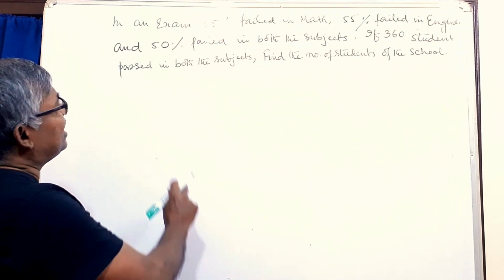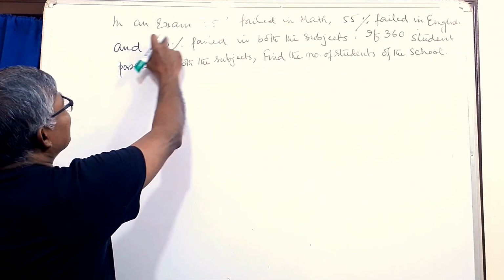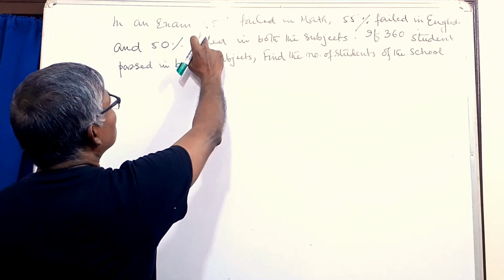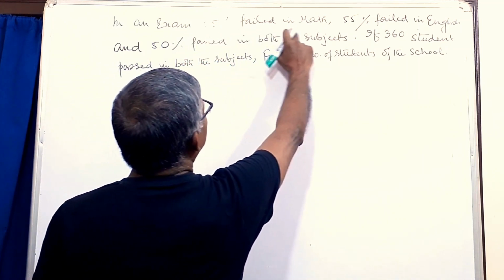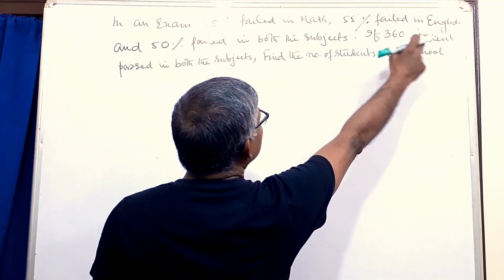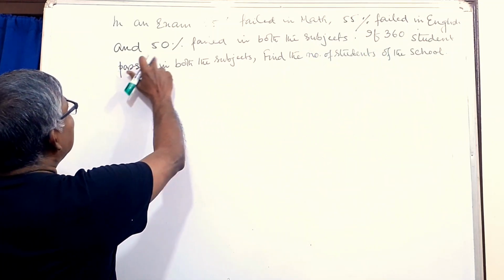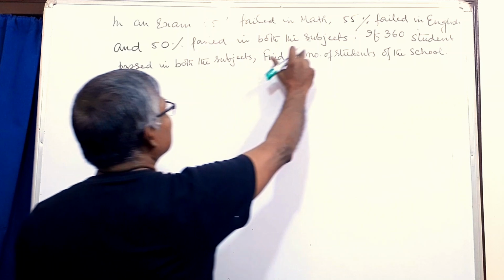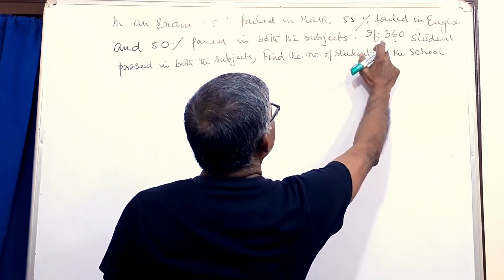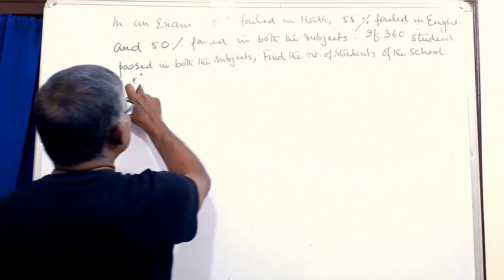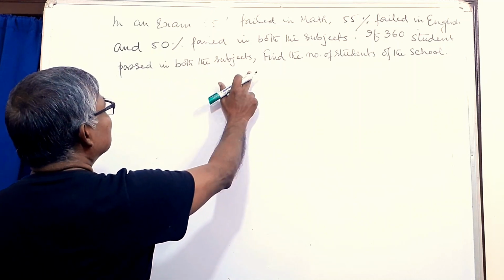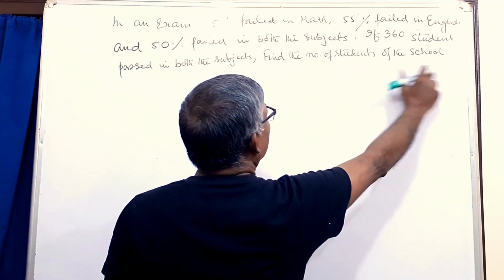Let us consider another problem. In an examination, 65% of the students failed in mathematics, 55% failed in English and 50% failed in both the subjects. If 360 students passed in both the subjects, find the number of students of the school.